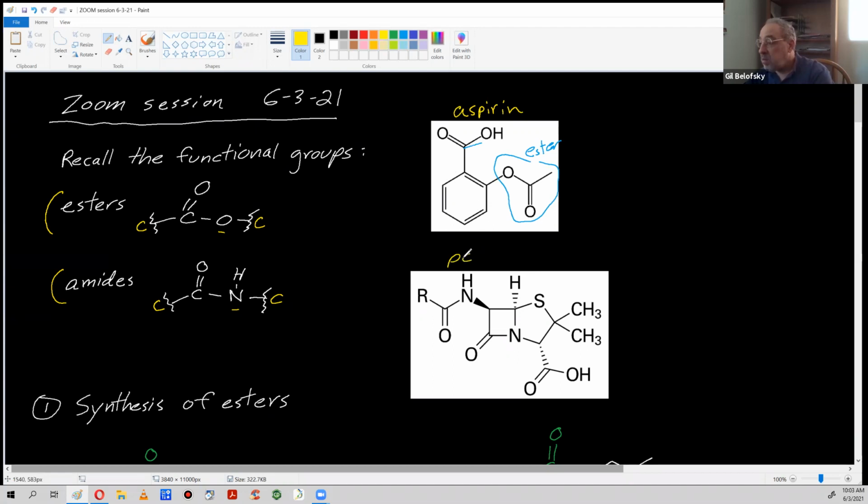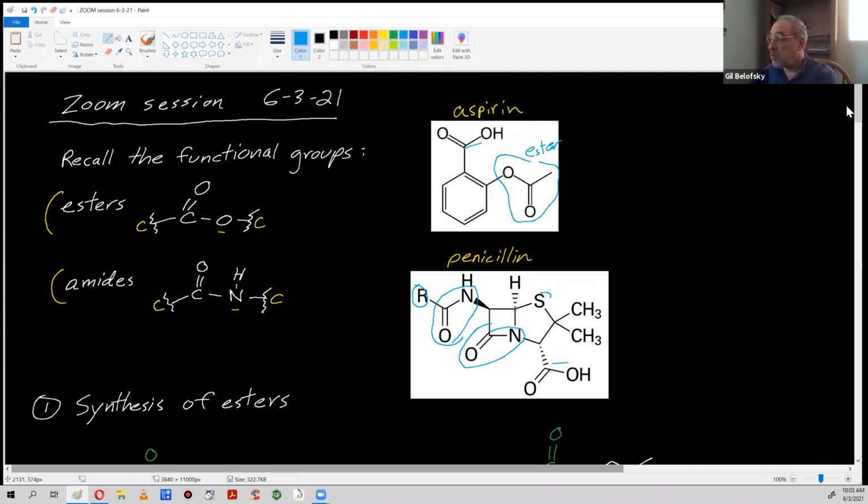Penicillin has two amide groups in it. There, and there, are amide groups. There's another carboxylic acid group, sulfide, actually. And then the R group can vary because there are a lot of different kinds of penicillins.